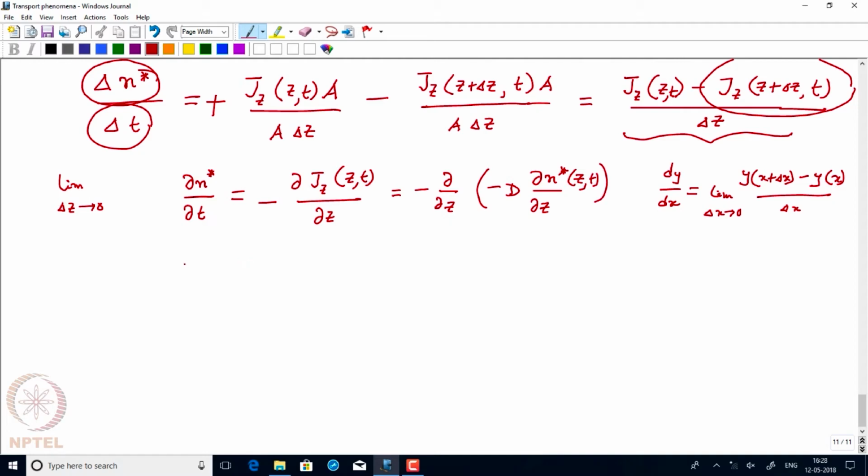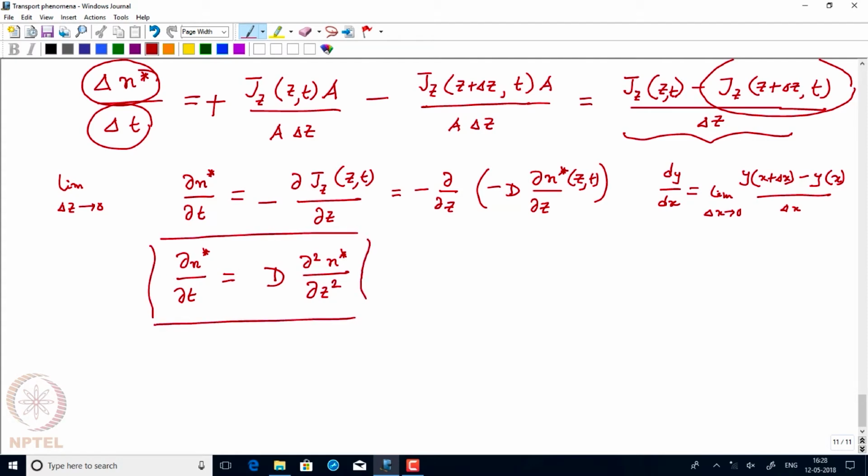So what we get ultimately is that the time derivative of the particle density is equal to D times the second derivative of the particle density in space. This equation, this law, is known as Fick's second law of diffusion.